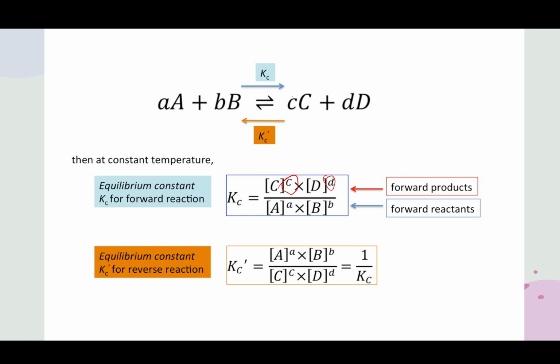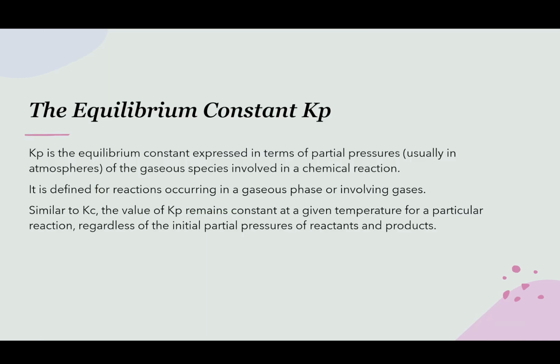But Kc and Kp are products over reactants. Kc prime is basically the same thing, which is 1 over Kc, just the opposite, you just invert everything. We're not going to be looking at Kc prime anyway, but it's really easy to see. So that's what Kc is.